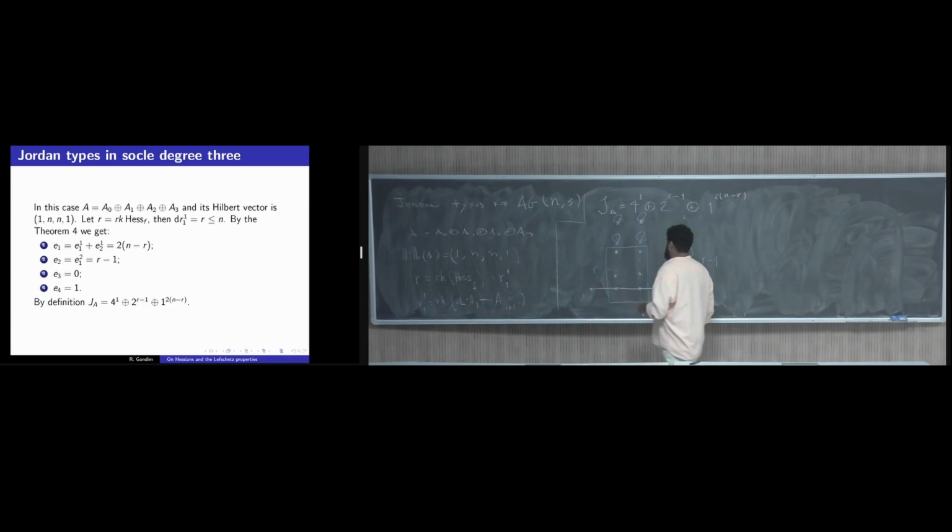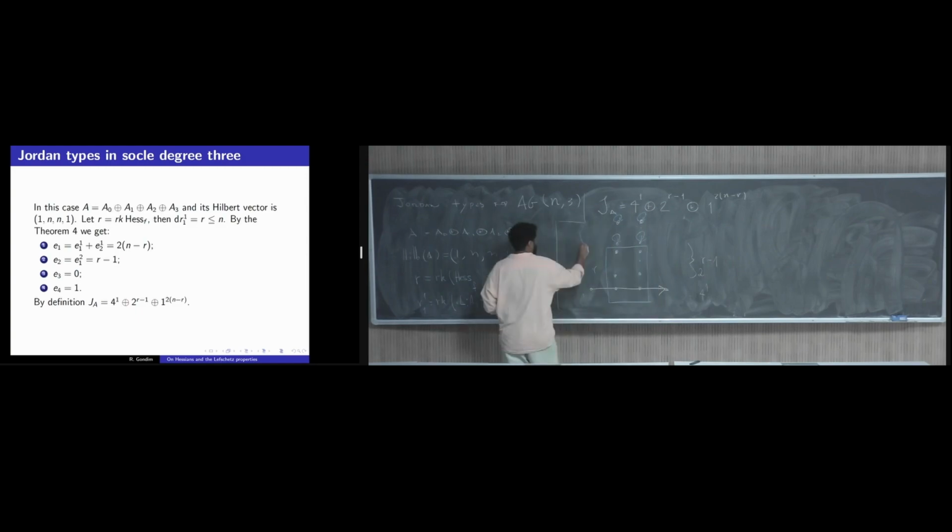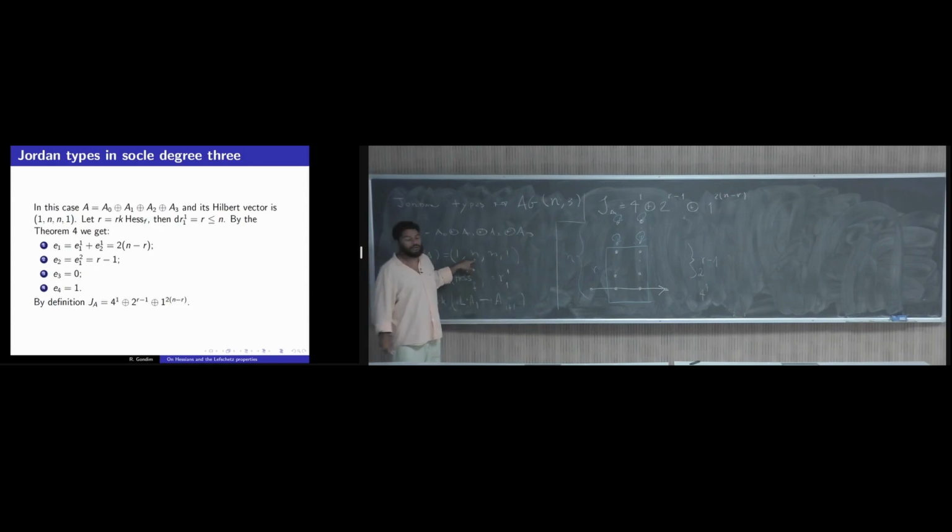How many? I recall that here we have n, which is the Sperner number, the biggest value of the Hilbert vector.